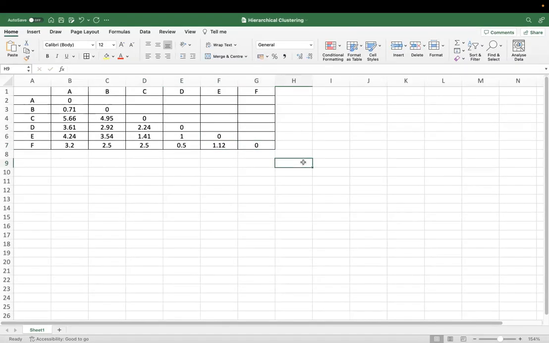So this is the matrix of Euclidean distance. We had some data and we have calculated the Euclidean distance between the points, so this is a Euclidean distance matrix.